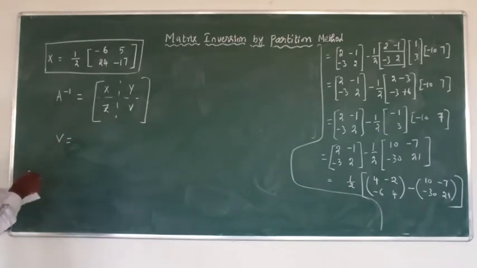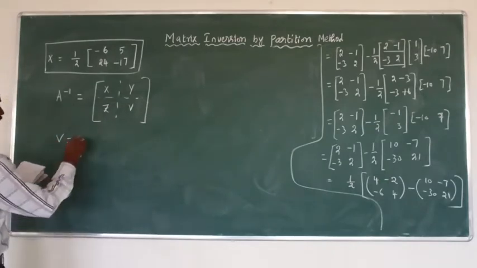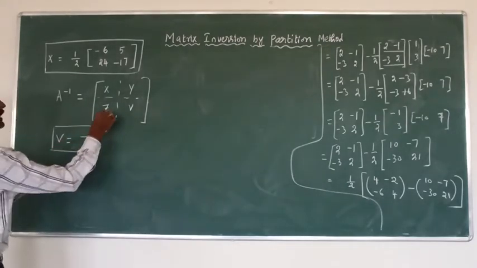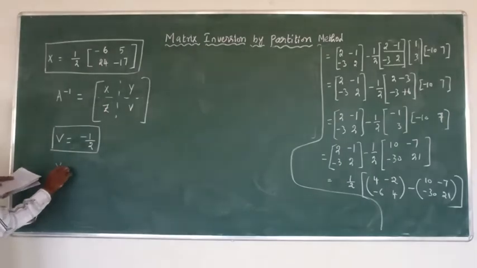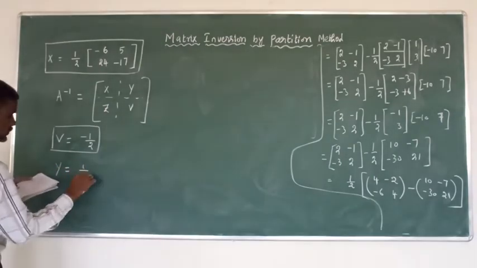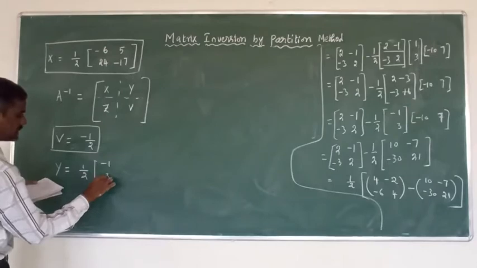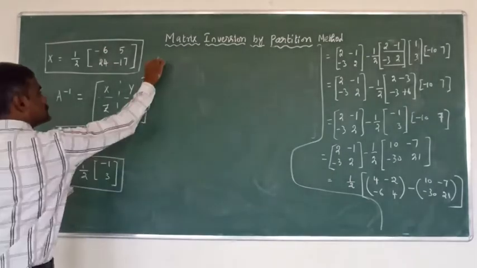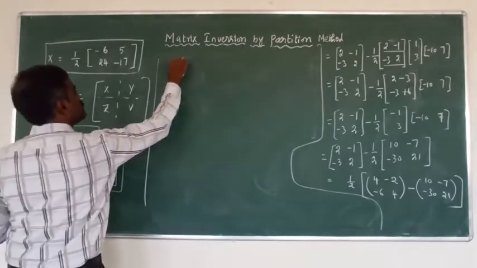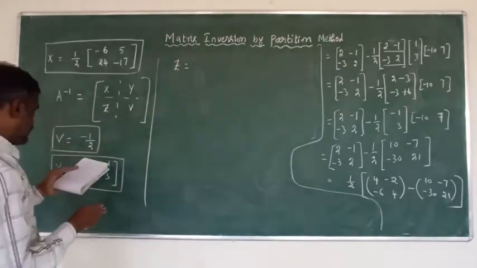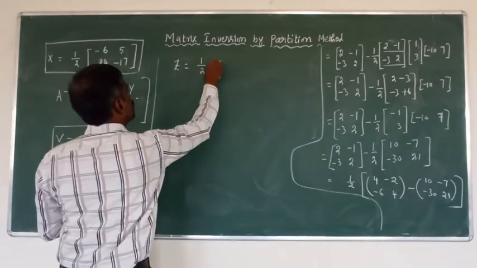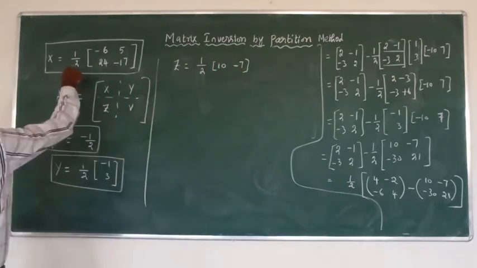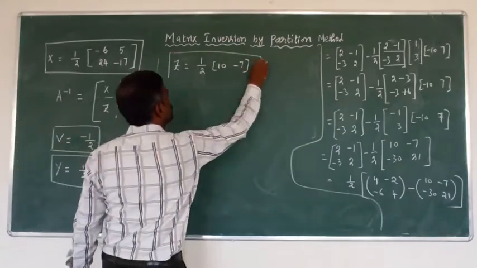V equal to minus 1 divided by 2, and y value 1 divided by 2 within bracket minus 1, 3. This is for y, and z value 1 by 2, 10 minus 7, and already x value is there.